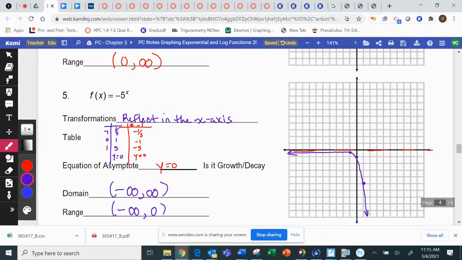If you felt like that was easy, try number 6. If you got questions, I'm walking around looking over your shoulders. Is it too easy for you?